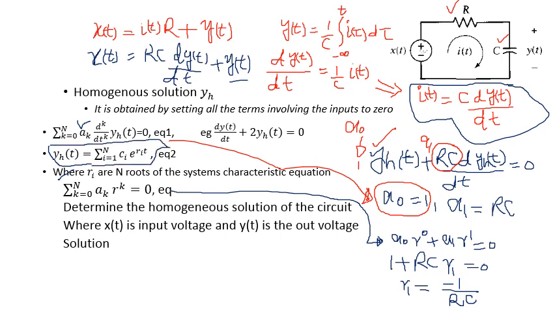So we get y_h(t) equals c1 e to the power r1 t, because n equals 1. Replacing r1 here, it will be c1 e to the power minus 1 by RC times t.